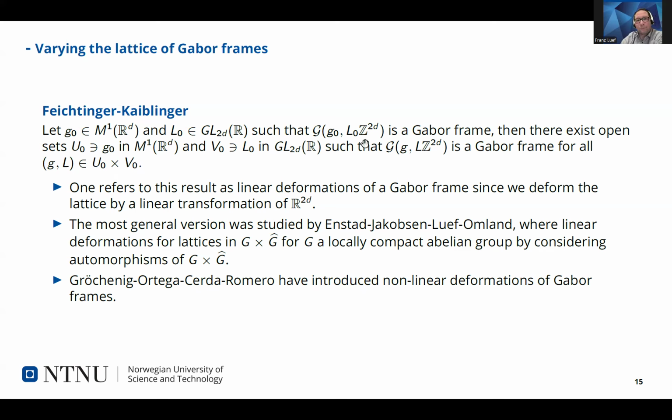They were able to show that if you start out with a nice Gabor system, G0, L0, then there exists an open set of functions in M1 and an open set of lattices such that if you now look at this Gabor system coming from this set U0 and from this new family of lattices, then this is again a Gabor frame for all these G's and L's.